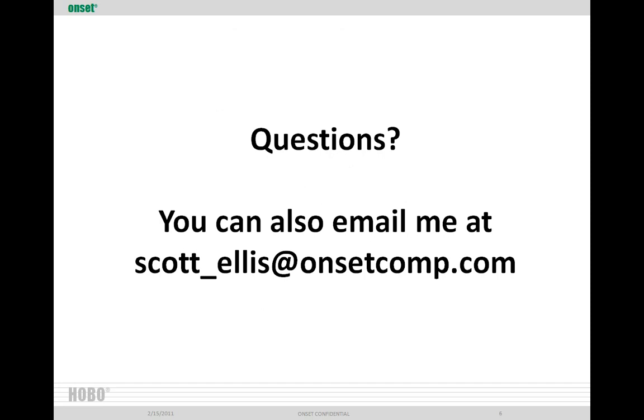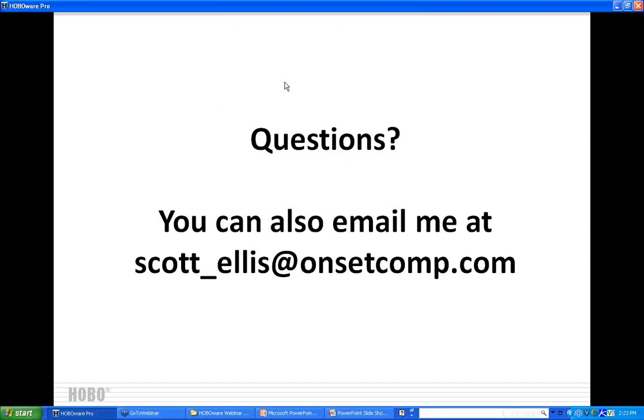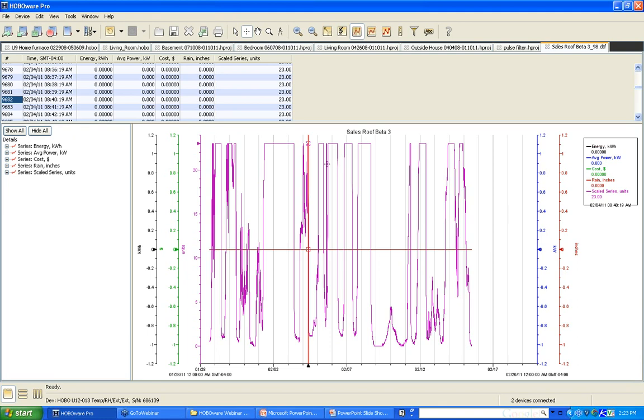We do have one that I didn't cover here. When you get into barometric pressure, if you're using our water level logger and you need to do the barometric compensation, there is a way to do that.